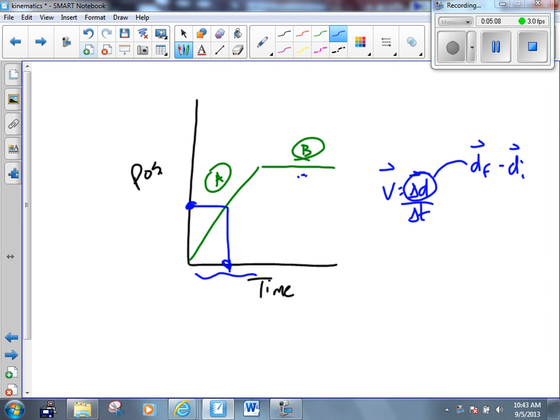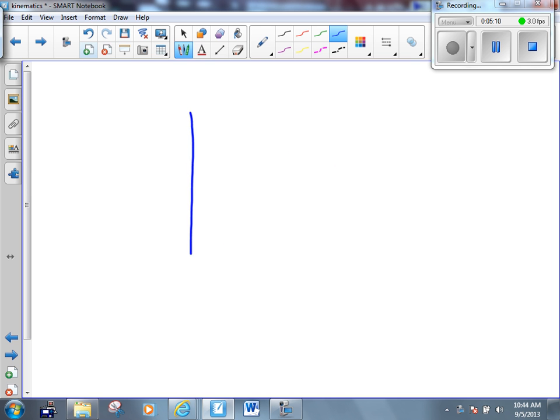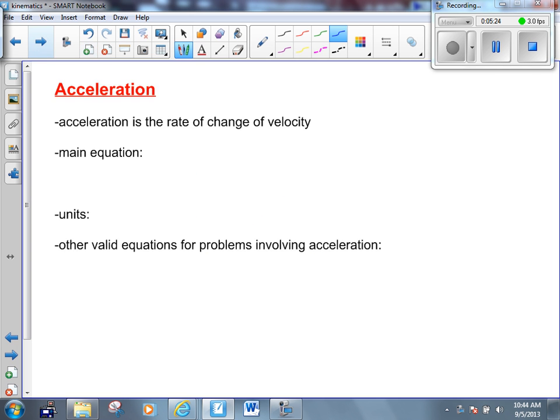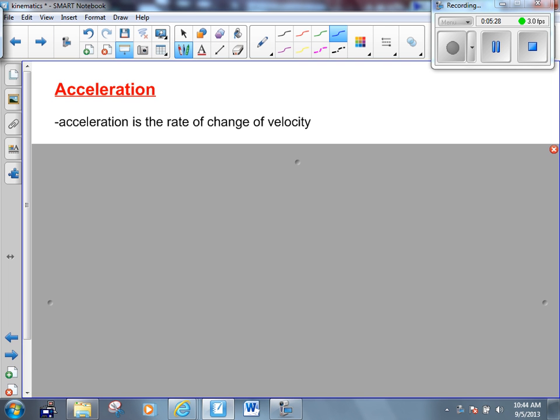All right. I showed you a minute ago a graph that looked like this, and we said that that meant acceleration. It meant speeding up. Today we're going to focus on that acceleration, not specifically for these graphs, but rather with equations for word problem type questions. We're going to define acceleration, first of all, as the rate of change of velocity.